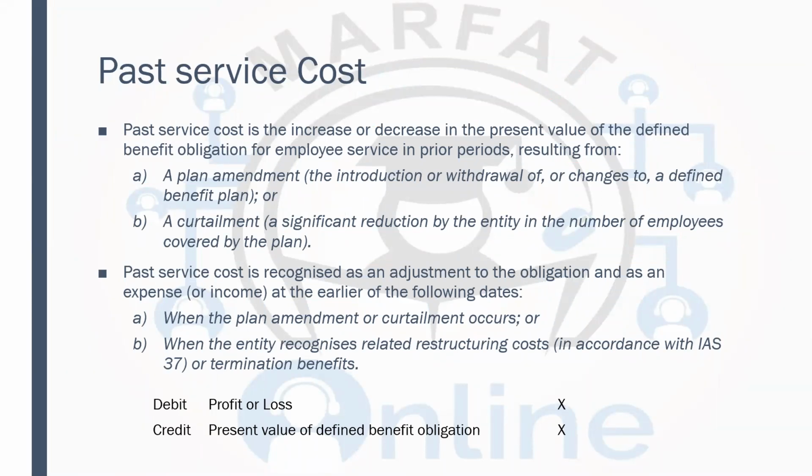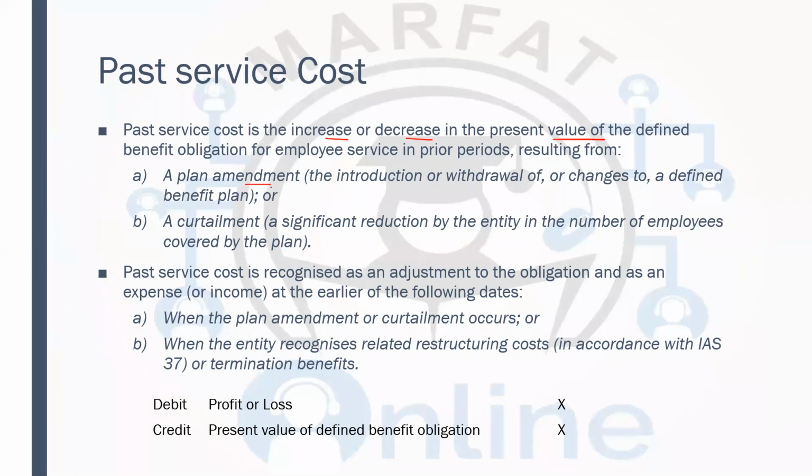Now, past service cost. It is possible that the remuneration is changing. And when the remuneration is changing, there will be a change in the pension as well due to that. So the past service cost is the increase or decrease in the present value of the defined benefit obligation for employee service in prior periods resulting from a plan amendment.